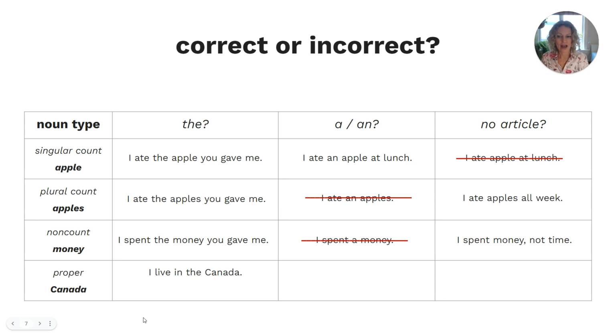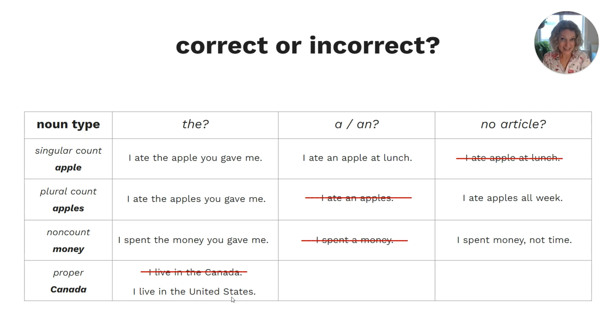How about I live in the Canada? Can we use the with the proper noun? No, not that one anyway. How about I live in the United States? Yes, we can use the definite article there. And the reason we can use it with that proper noun is because the proper noun has a count noun in it.